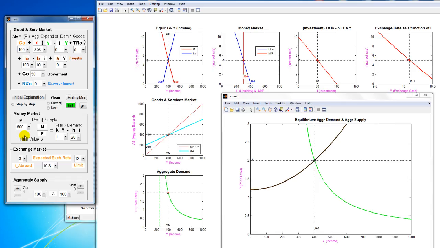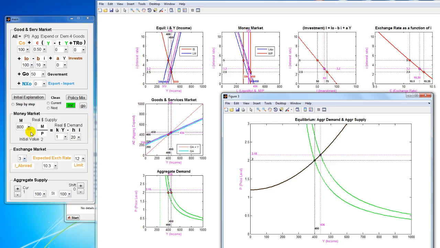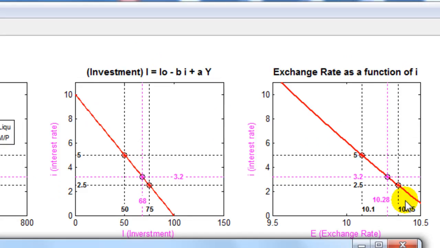Then we are going to see in future videos that if we increase M, which represents nominal money, from 600 to, let's say, 800, then the interest rate would go to 2.5 if the prices wouldn't increase, but if the prices increase, then it will go to 3.2.